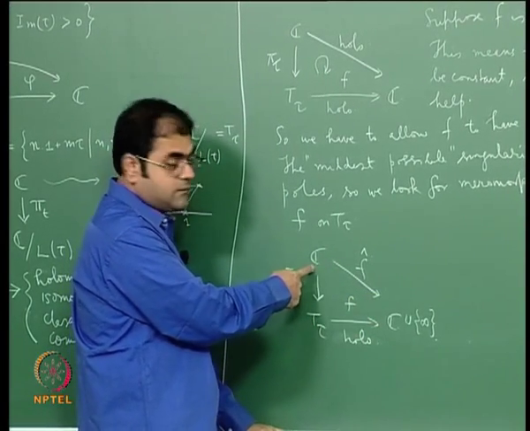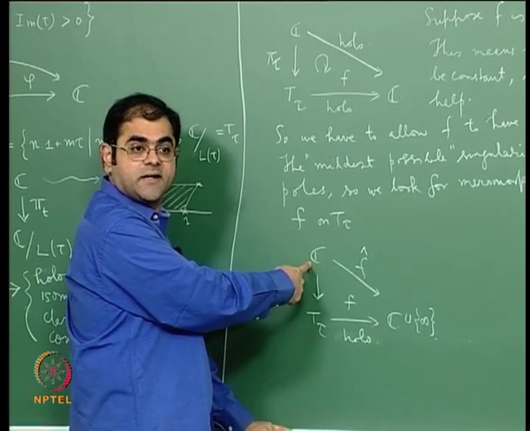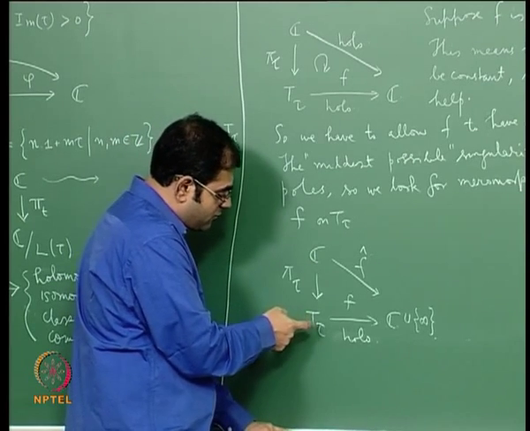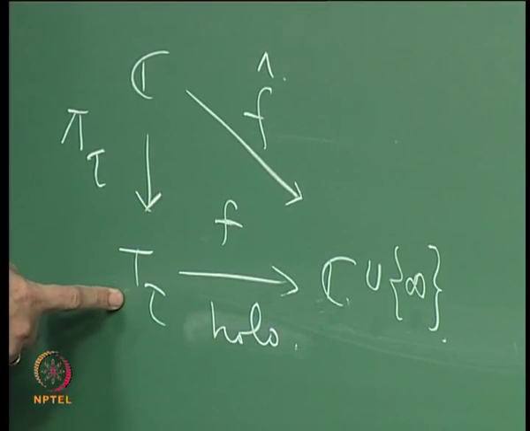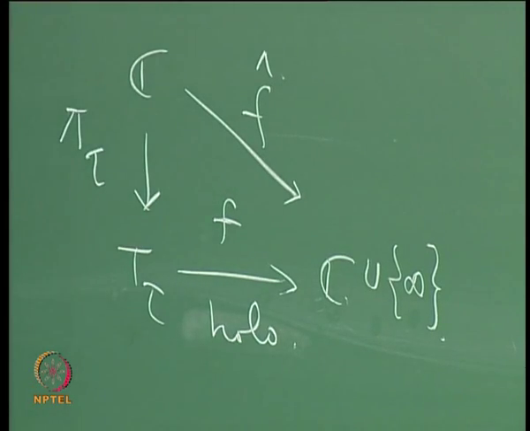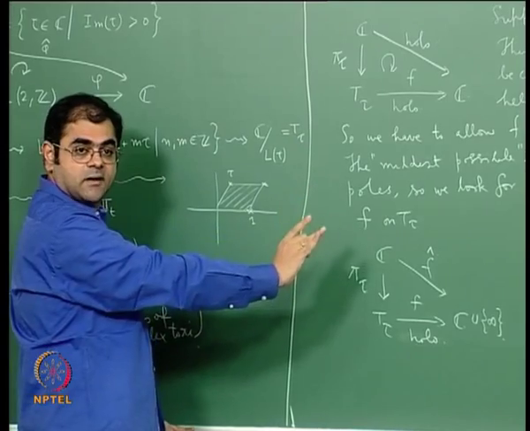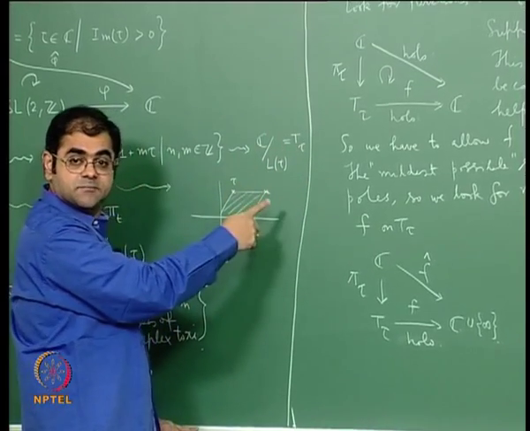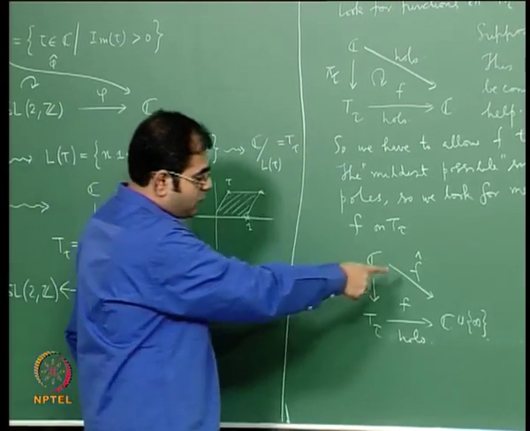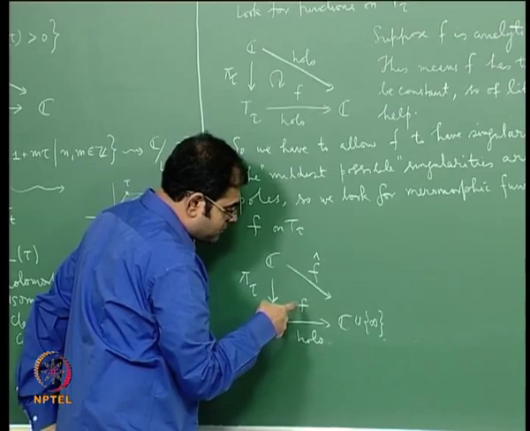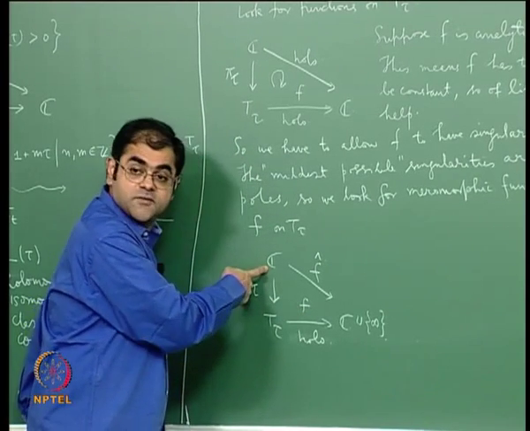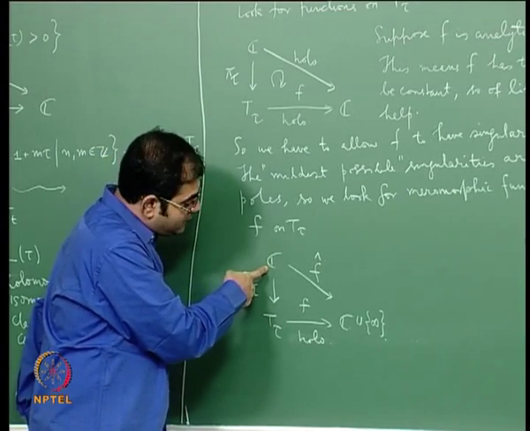The only thing is that it will have infinitely many poles. If f has a pole here, the inverse image of that pole will be a point spread over a grid, and that grid will be translates of this grid, and it will have poles at all those points. So looking at a meromorphic function on the torus is the same as looking at a meromorphic function on C.